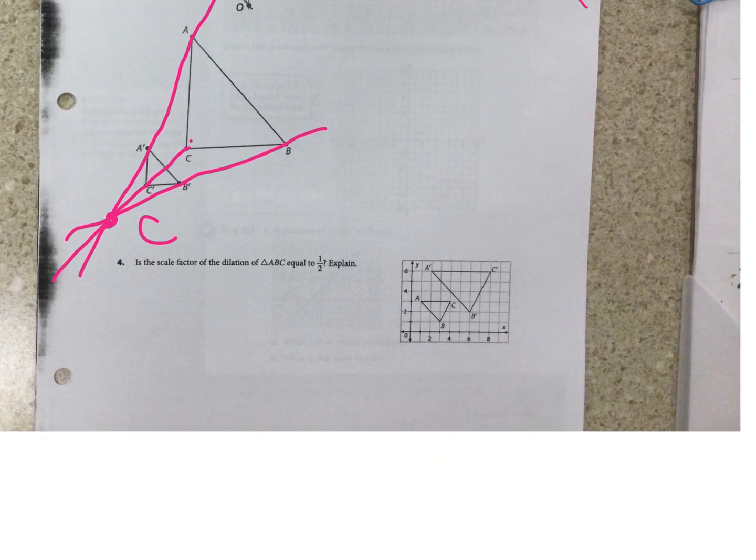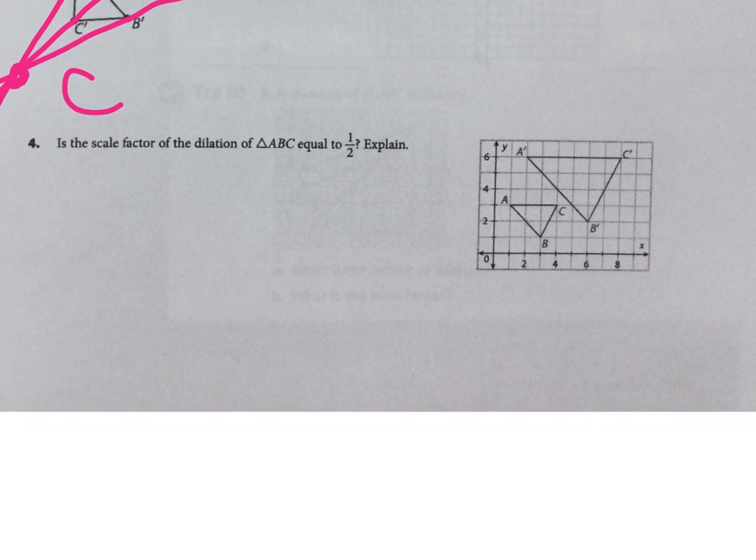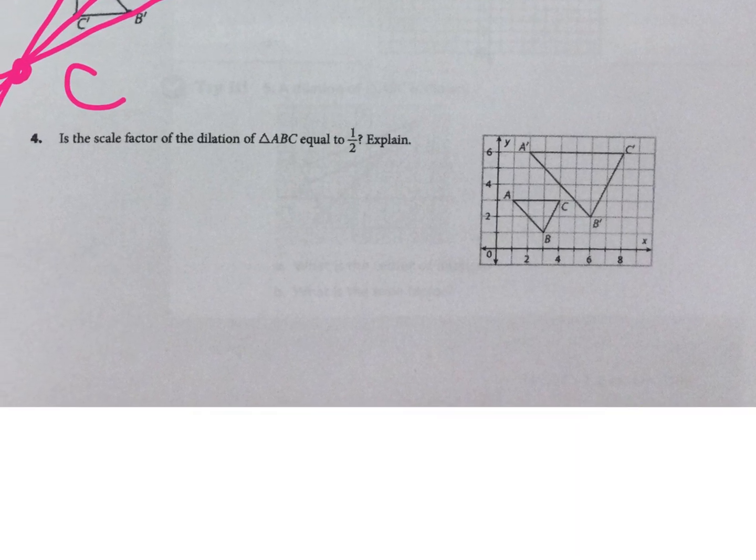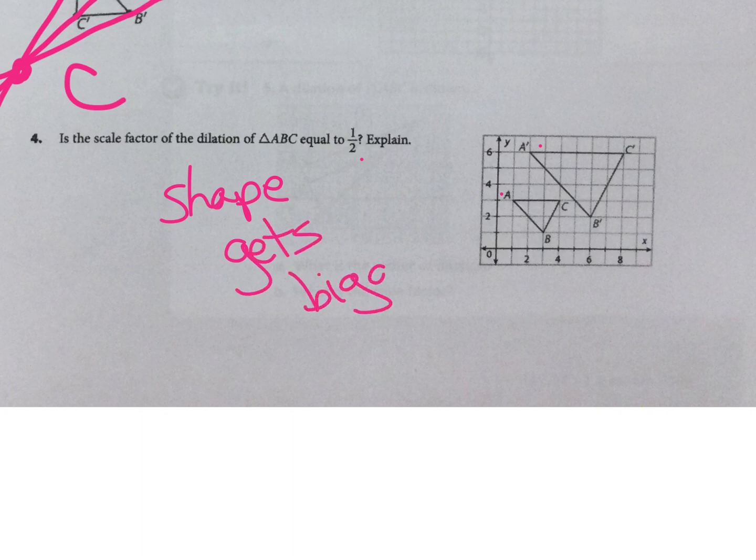So this just wants to know if the scale factor is equal to 1/2. Well, the first thing I'm going to see is that the shape gets bigger. So it can't be 1/2. It's got to be 2.